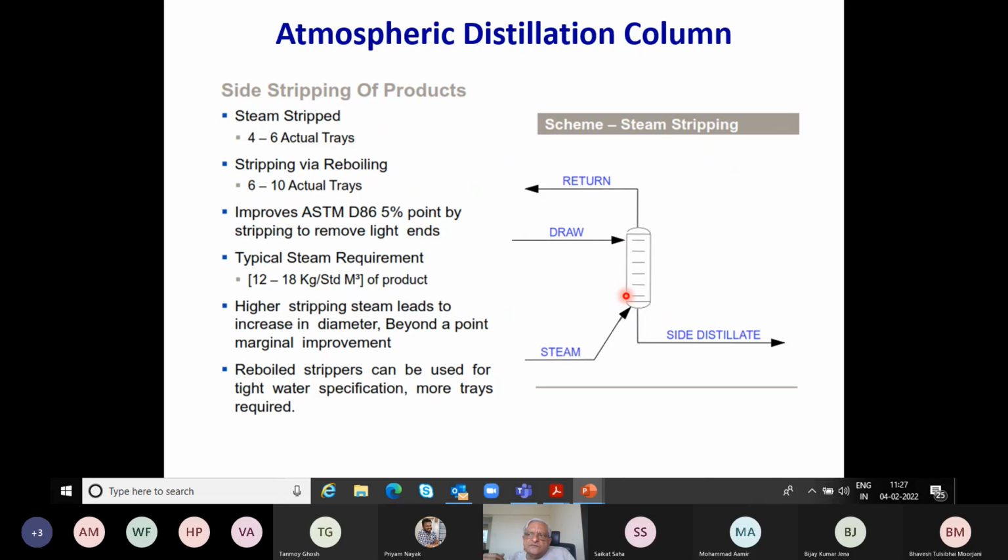If you're making jet fuel, water can get dissolved in the jet fuel at that temperature, and at a lower temperature, at which you store ATF at ambient temperature, this dissolved water can come out as water droplets.